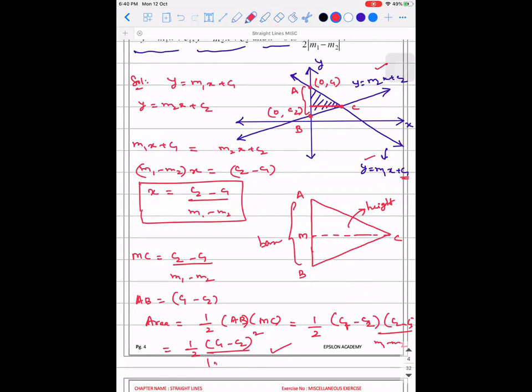There are two ways to solve this problem. One of the ways is using half into base into height. The other way is to use the formula. For you to use the formula, what you need is you need to find the y coordinate also. Is that clear?